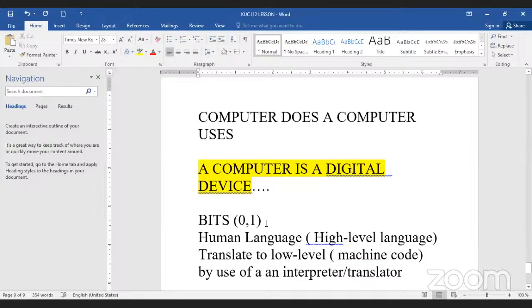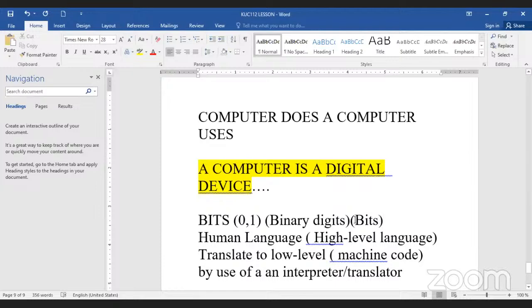So a computer only understands binary digits, as most of you have said. These binary digits are what we now call bits. B stands for binary, then the rest, ts, for digits.